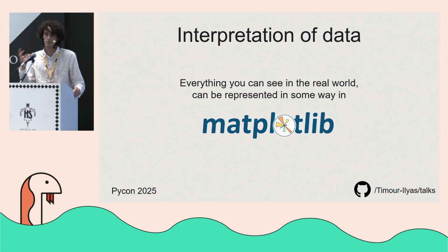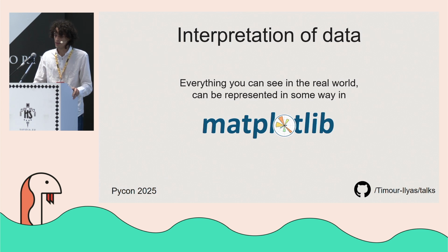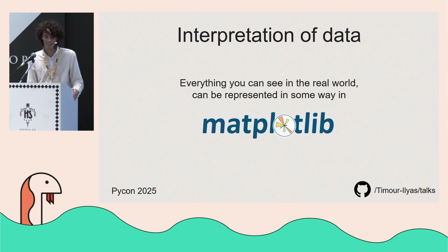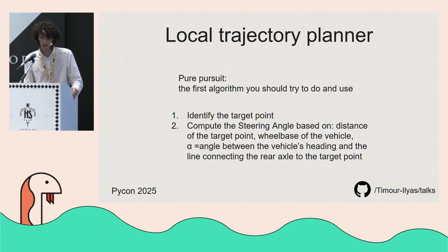And this made me think that sometimes the way we interpret data, maybe even in an obvious way, for example, showing it on a map, can be strange for other people not in the sector. And so everything that can be seen from the camera can also be interpreted in some way using matplotlib.